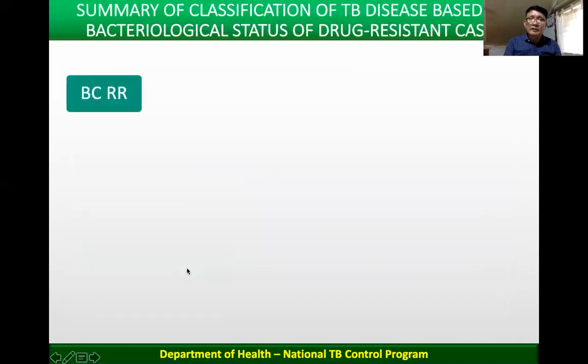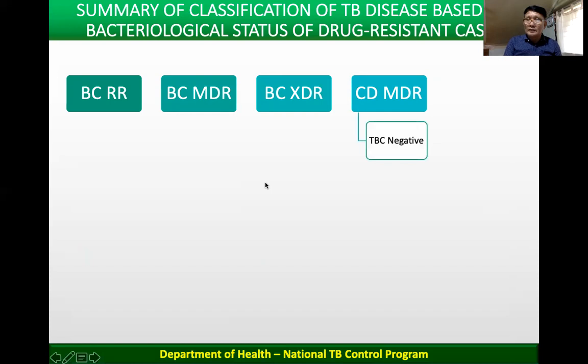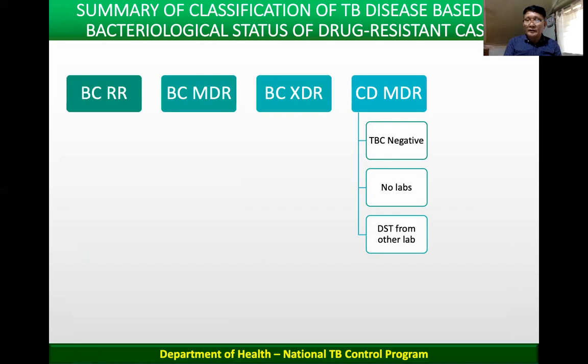So as a summary of the classification of TB disease based on BC status of drug-resistant cases, we have the BCRR, bacteriologically confirmed rifampicin resistance. We have the BCMDR, the BCXDR, the CDMDR, in which the TB complex is negative, no laboratory, or the DST is coming from other non-NTP accredited lab.